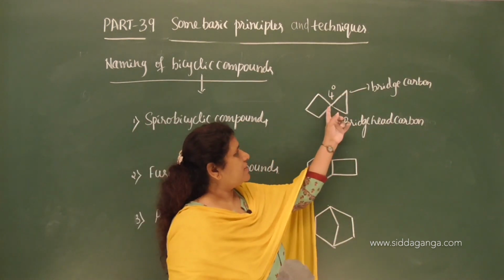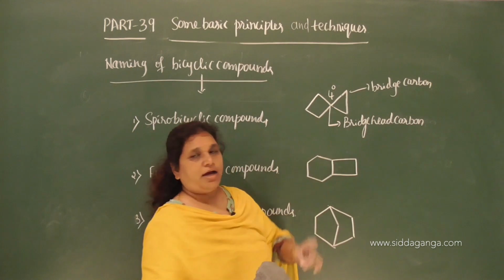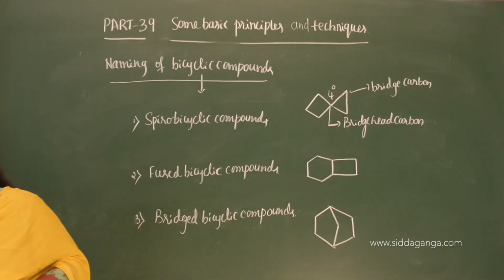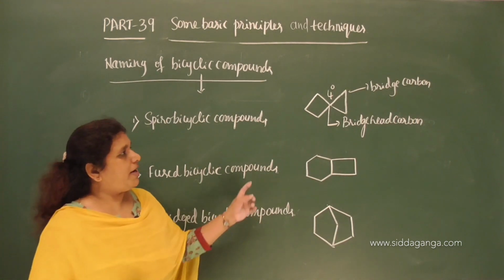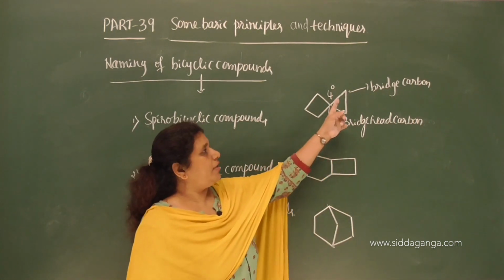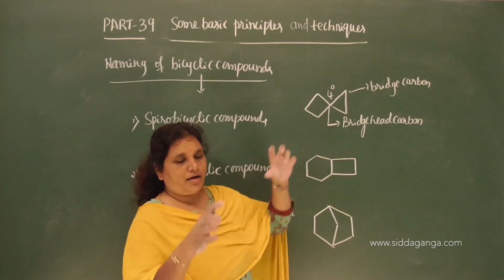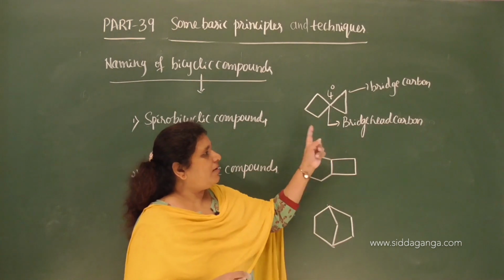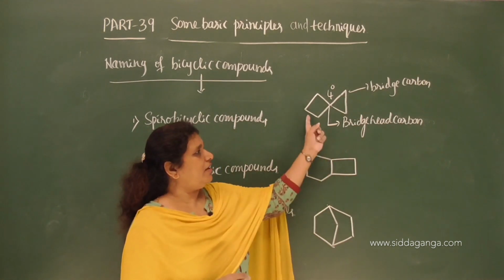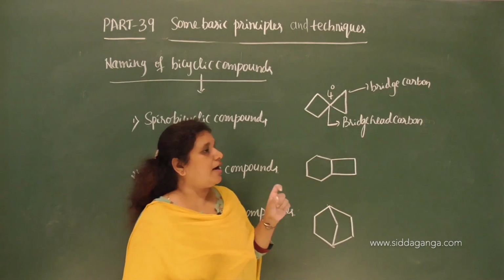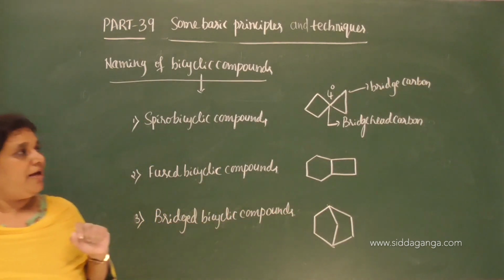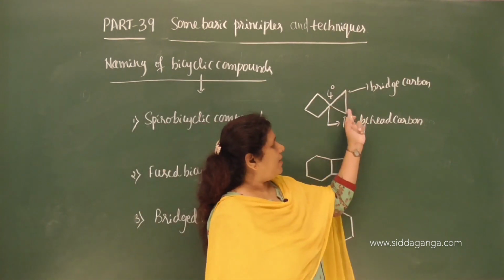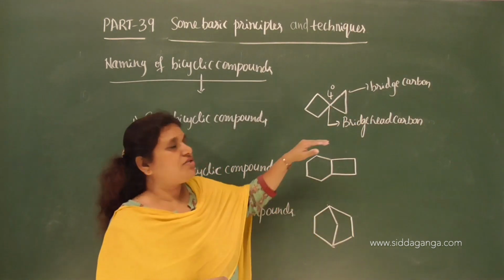See here, this carbon is bonded to 4 other carbon atoms in spiro bicyclic compounds. In spiro bicyclic compounds, the two cyclic rings are combined through only one carbon. Only one bridge head carbon between the two cyclic rings, and that carbon is the quaternary carbon. Whatever the carbon atoms present, they are called bridge carbon atoms.